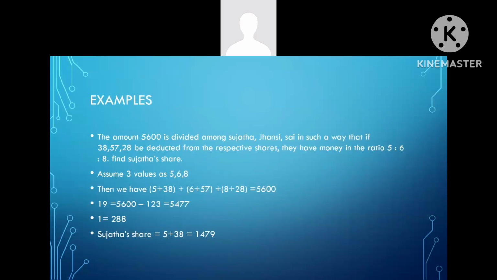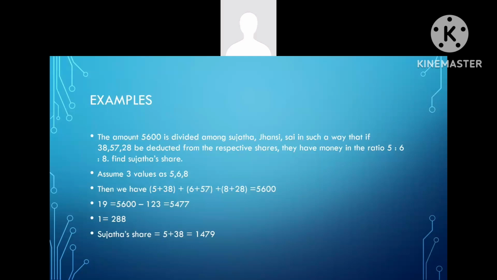Then come the examples. The amount 5600 is divided among Sujata, Jhansi, Sai in such a way that if 38, 57, 28 be deducted from their respective shares, they have money in the ratio 5 is to 6 is to 8. Find Sujata's share. The solution: first assume three values as 5, 6, 8.